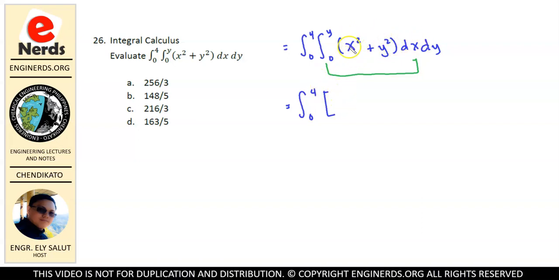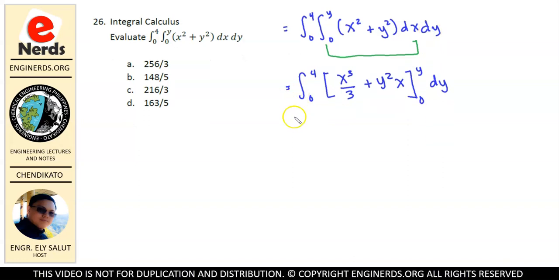So we have the integral of x squared will be x cubed over 3. Okay? And then from here, we are integrating as per dx. So that means it will just be y squared x. Okay? So this will be from 0 to y. And then we still have our dy in here.